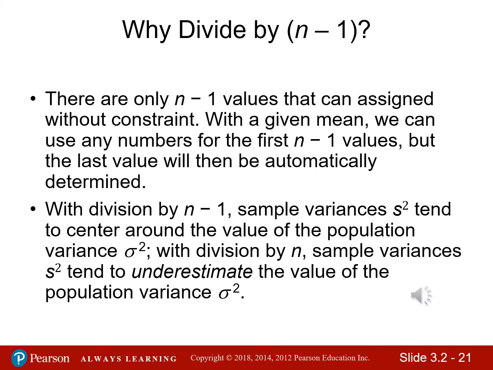That is to say, if you know the sample mean and all but one of the values, you could calculate what that last value would be. Statisticians say that there are n minus 1 degrees of freedom. When we divide by n minus 1, the sample variance tends to center around the value of the population variance. However, if we divide by n, the sample variance tends to underestimate the value of the population variance.